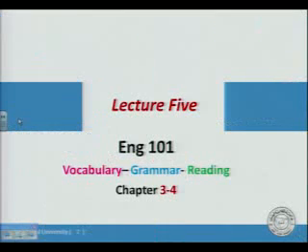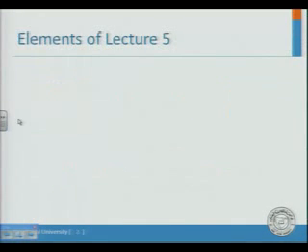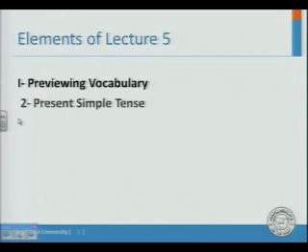Okay, so for today's lecture, we will try to move to chapter 5, and we will try to cover the following elements. The first one is previewing vocabulary in the new chapter, and then we will move to another important grammatical structure, which is present simple.